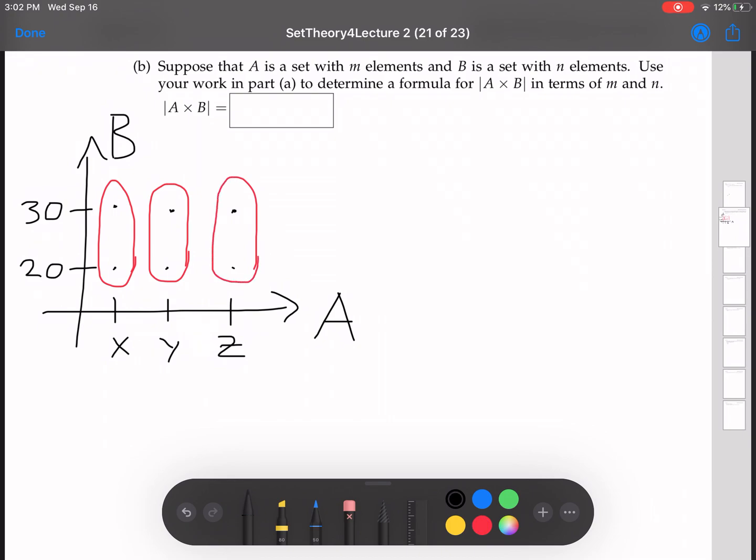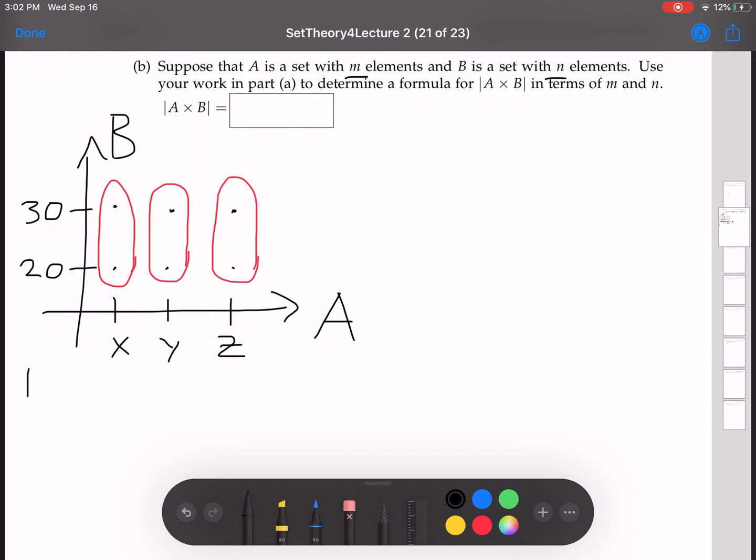So above, right? And this is not the answer here, because here we have m elements, n elements. We're generalizing what we did above. But in any case, let me just write that.